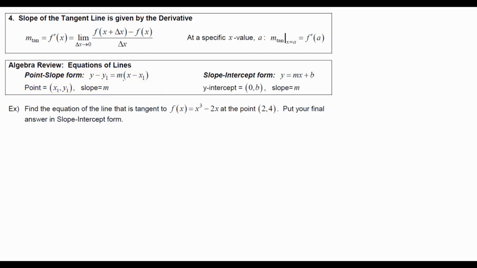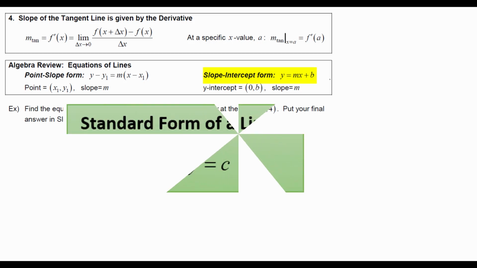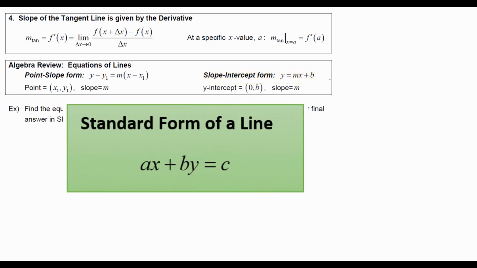And from there, if the problem asks you to give the answer in slope-intercept form, you can distribute the slope m and add y1 to both sides to isolate y. You will have y equal mx plus b. If a problem asks you to give the standard form of a line, then you would distribute the m and then have the x and y terms on the left-hand side and the constant term on the right-hand side.